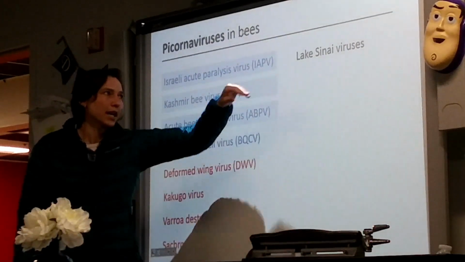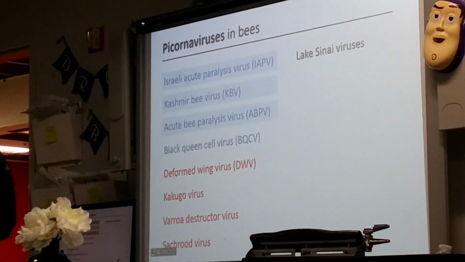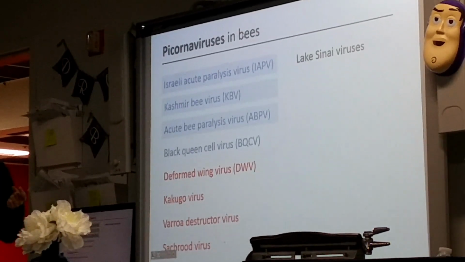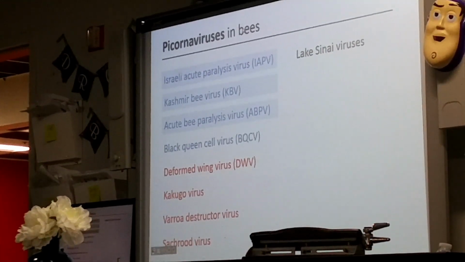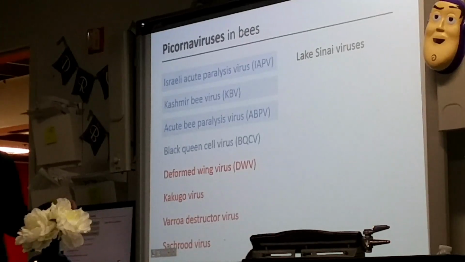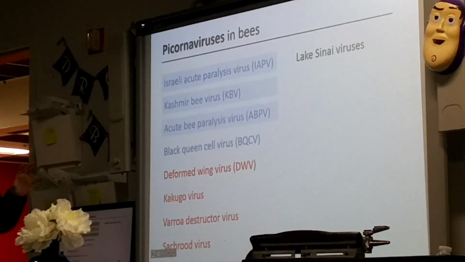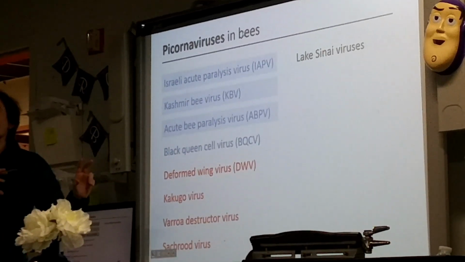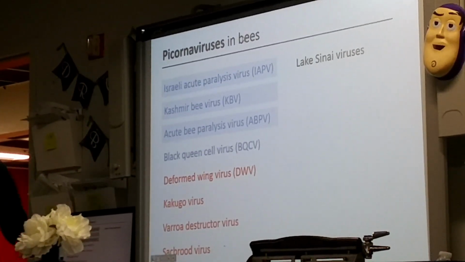There are the Lake Sinai viruses that are the outliers of these groups. In my opinion, it's not necessarily important to memorize all of these and what they do. They actually share some symptomology. But just to give you an idea that, as in humans, there's a lot of variation here. It's diverse, and understanding which of these viruses are most destructive and how they're acting really requires knowledge of some of this variation.